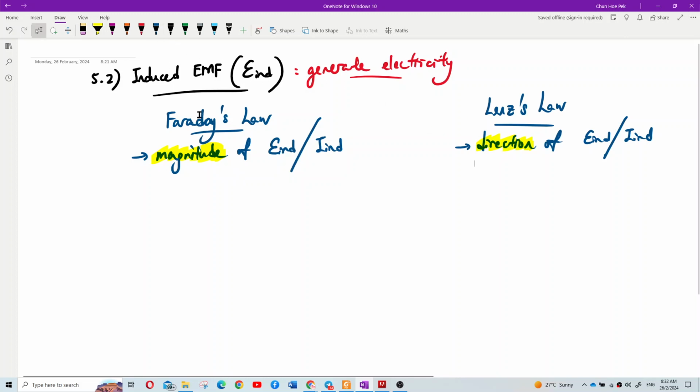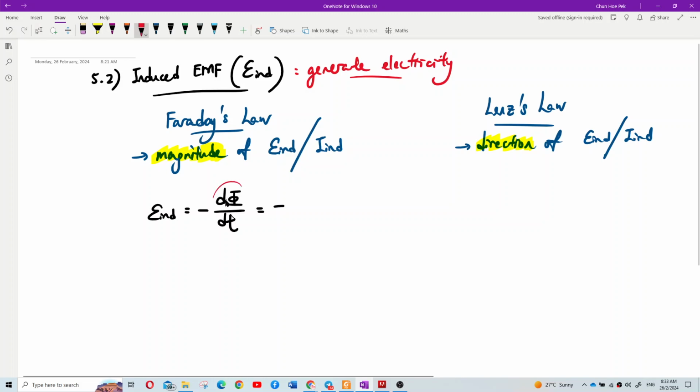Okay, so what's the equation for Faraday's law? The equation for Faraday's law is E induced equal to negative dΦ over dt. Here, dΦ means the change of flux.